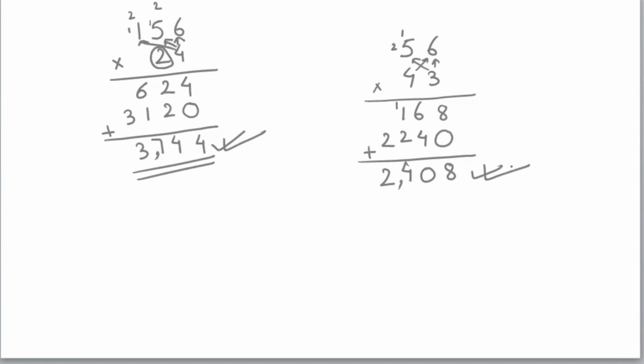I hope the multi-digit multiplication is clear and you can now easily do it. Now I'll give you some questions. Pause the video and try to solve them, then match with my answer whether you get it correct or not. The first one is 78 multiplied with 45.